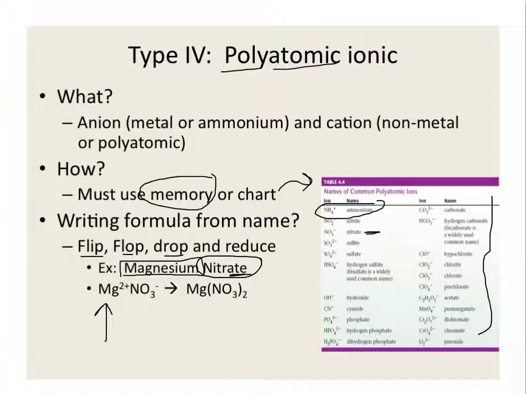So if I crisscross my charges, flip, flop, and drop, that 2 comes down here. Because you have 2 of those groups, it would look very weird if you just put NO3, 2. It would look like NO32 oxygens. So we do use parentheses around that to indicate that there are multiple groups of the NO3.